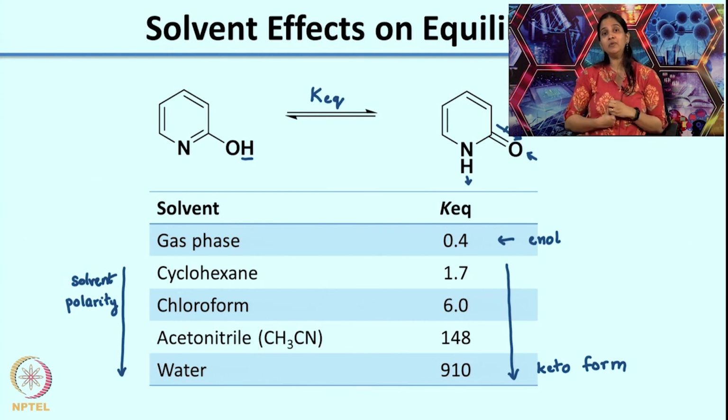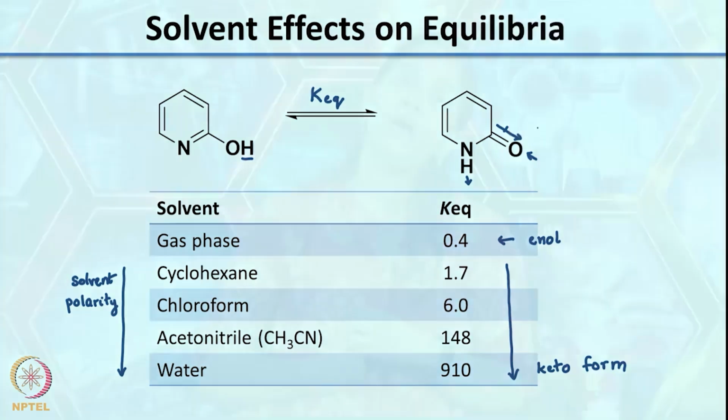So, in biology you can see that a lot of the bases that you talk about in your nucleic acid prefer the non-aromatic form as compared to the aromatic form, and this stabilization could be due to this dipole moment which is stabilized more in polar solvents, because when you talk about nucleic acids we are looking at water as the medium.